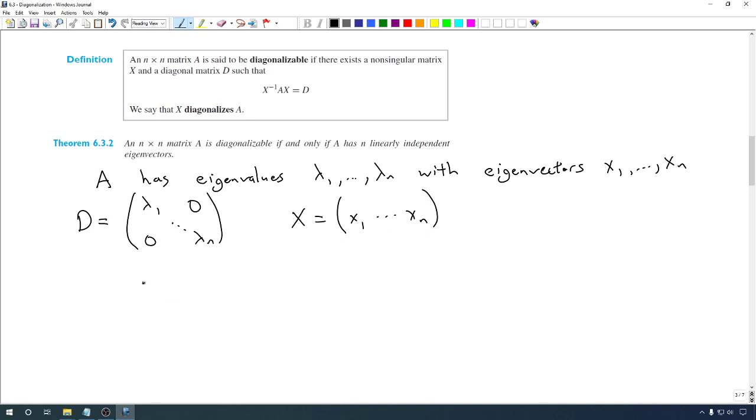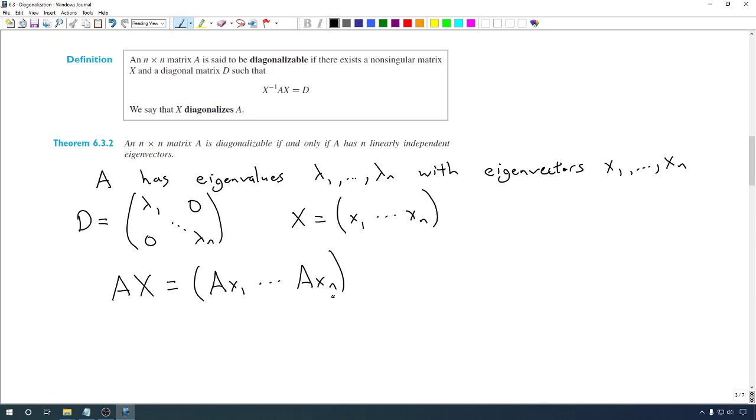And the important thing here is if we take A times X, what happens? Because of the way we define matrix multiplication, we can essentially apply A to each one of those columns. The first column of this product will be A times x1. The last column of this product will be A times xn.